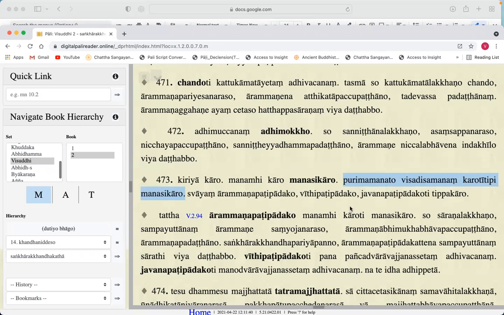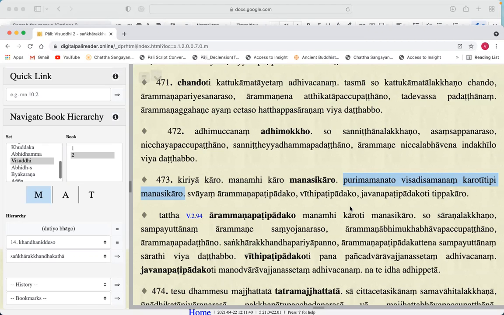So Burima Manado Wizardisa Manankarodi Dibi Manasikaro. It produced another mind, different from the previous mind. So that design is called Manasikaro.